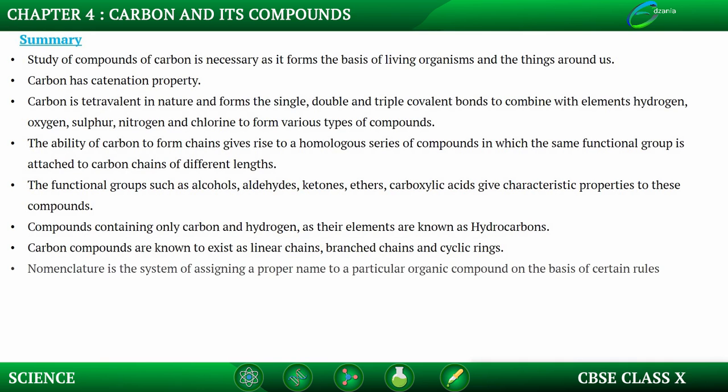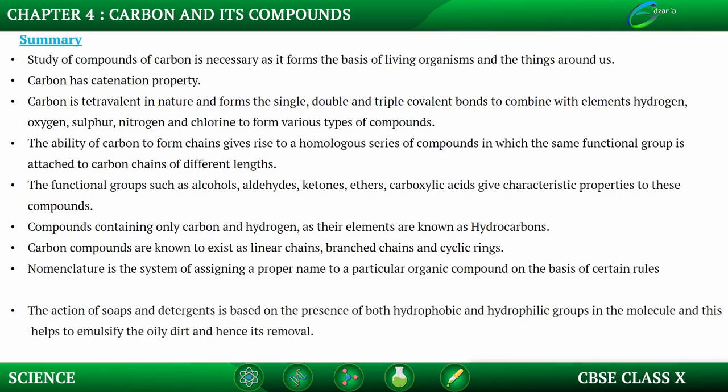Nomenclature is the system of assigning a proper name to a particular organic compound on the basis of certain rules. Carbon and its compounds are some of our major sources of fuel. The action of soap and detergent is based on the presence of both hydrophobic and hydrophilic groups in the molecule, and this helps to emulsify the oily dirt and hence its removal.